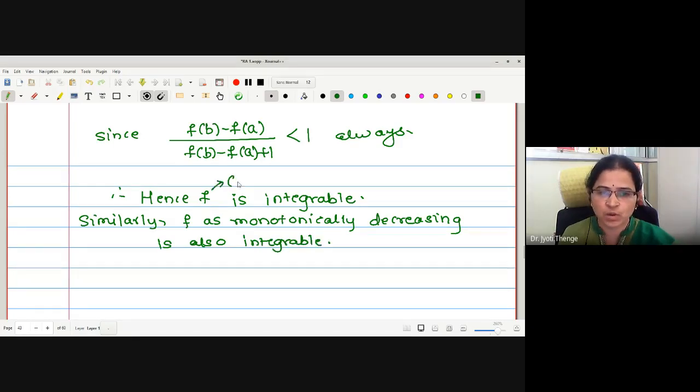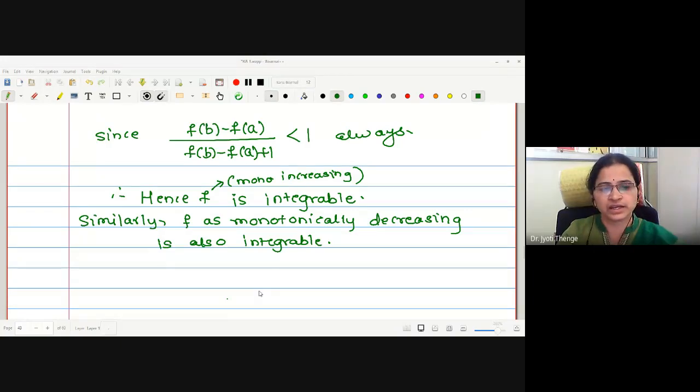Here f is monotonically increasing. What we have proved: both monotonically increasing and monotonically decreasing functions are integrable.